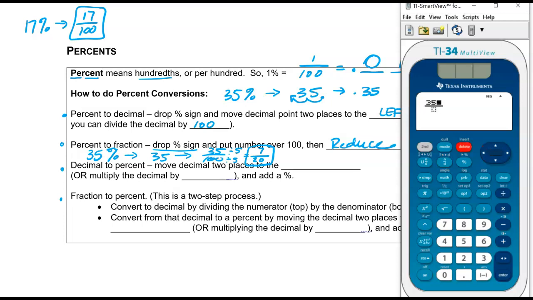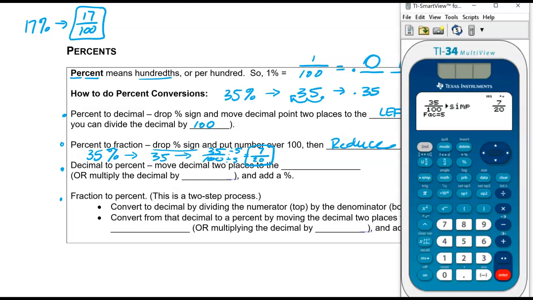I'm going to delete the extra 5, and arrow down to put it over 100. Then we're going to get out of the fraction by hitting the right arrow, so the cursor comes out of the fraction, and then hit the simplify button, and then enter.